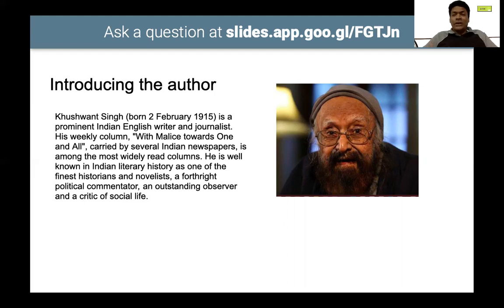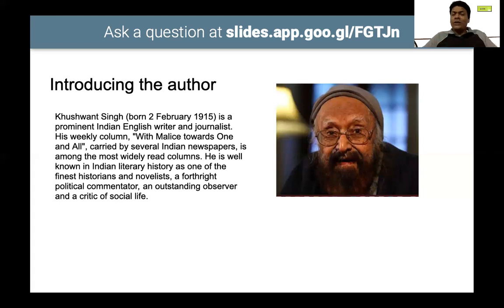Everyone used to praise his writings and also read them. He is well known in Indian literary history as one of the finest, right. Finest means his writings are motivating and attracting, and also point to the common man's life.